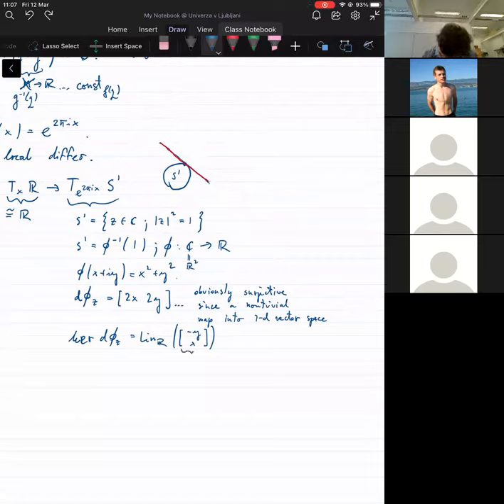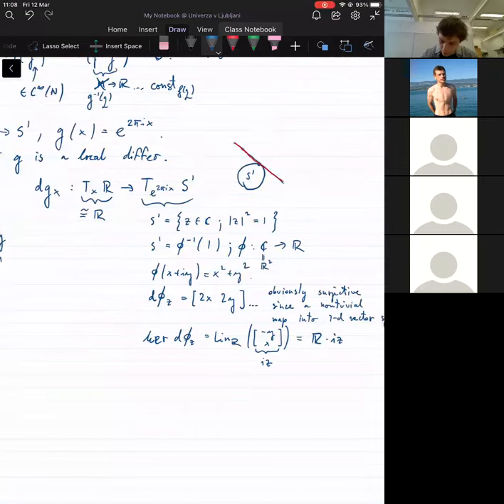But this here now is nothing else than iz, right? z is x plus iy. So if I multiply this with i, I get minus y as the real part, and I get x as the imaginary part. So one may as well write this as R times iz, and this is perfectly good now, because this z here may be interpreted as this vector here, right?